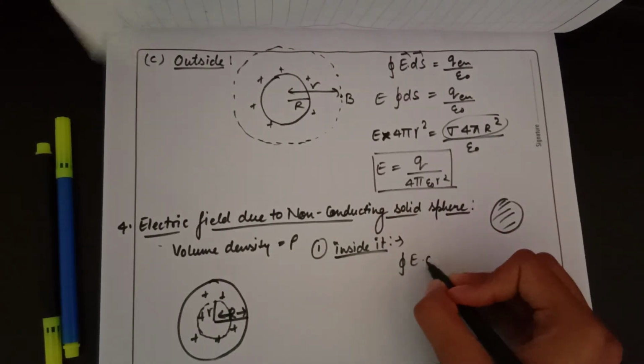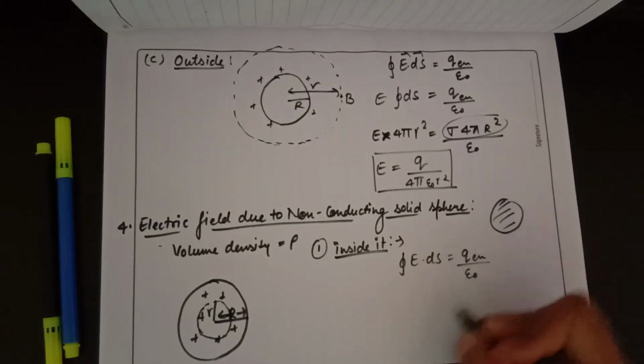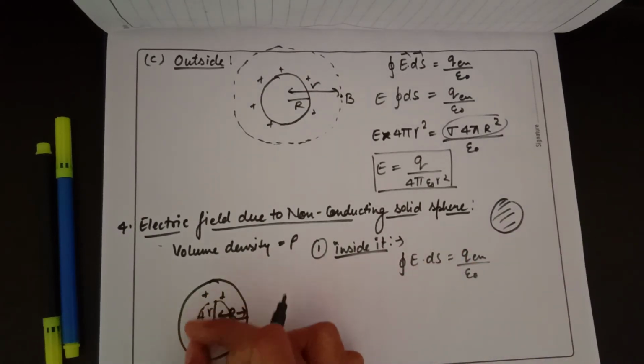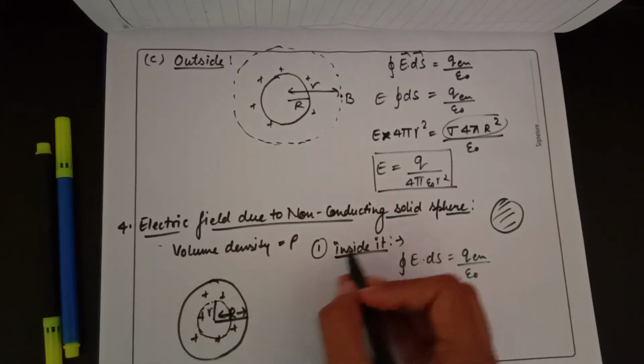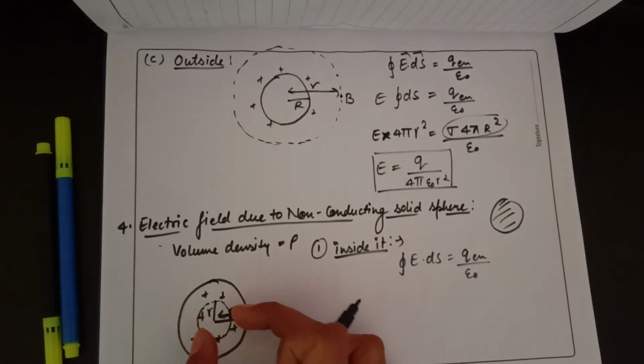Gaussian theorem says E dot ds is equal to q enclosed divided by epsilon naught. As you can see from the figure, q enclosed will be the charge enclosed within the small sphere. If I am calculating the electric field inside it, I will take only this small sphere.